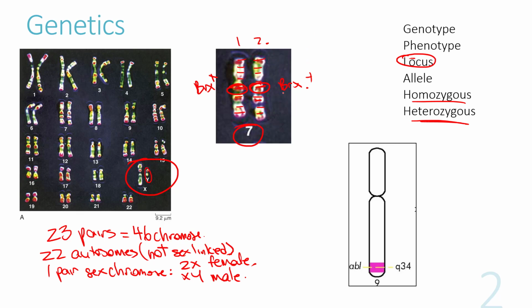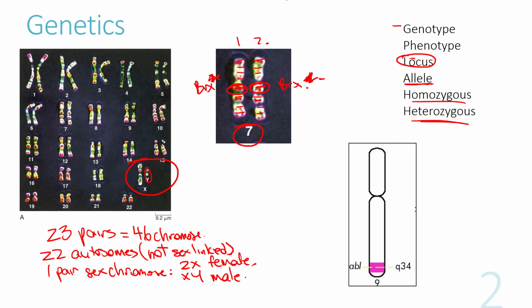And so these different variations, the BRX positive and BRX negative, are called alleles, or allelles, depending on whether you speak American or British. And it's the combination of these two alleles at the same locus that might give rise to a genotype and phenotype. So genotype is basically what genes you have.